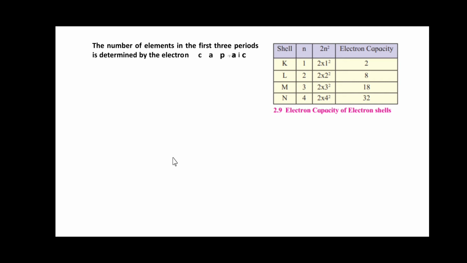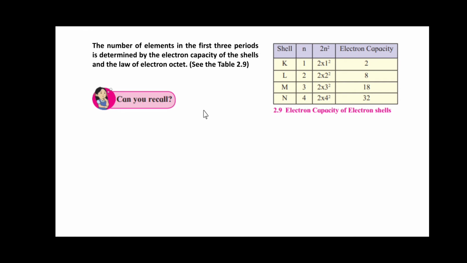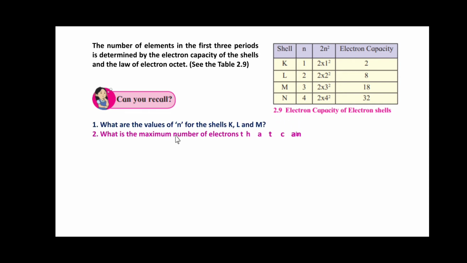The number of elements in the first 3 periods is determined by the electron capacity of the shell and the law of electron octet. We should look at the electron capacity of the electron shell that you can see here in the adjoining table. Accordingly, some questions will arise. Let us recall them. The first thing we recall is: what are the values of n for the shells K, L and M?